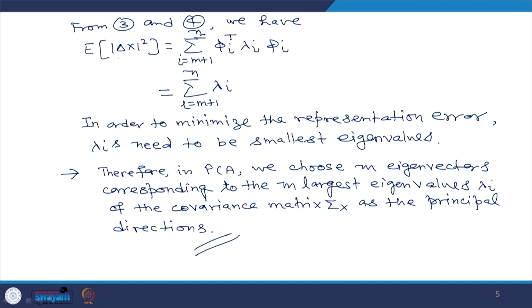So, this is the proof why we are taking principal directions or principal components in the direction of eigenvectors corresponding to largest eigenvalues of the covariance matrix.